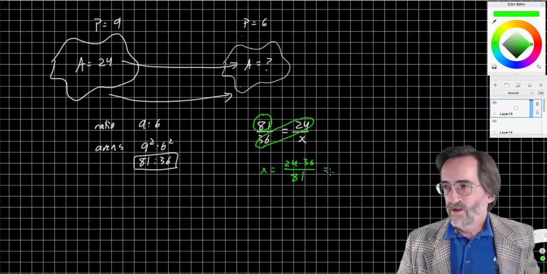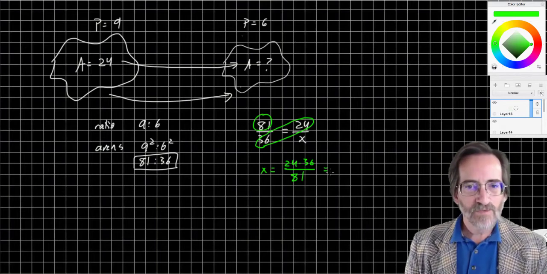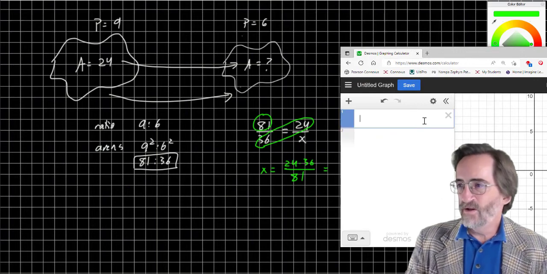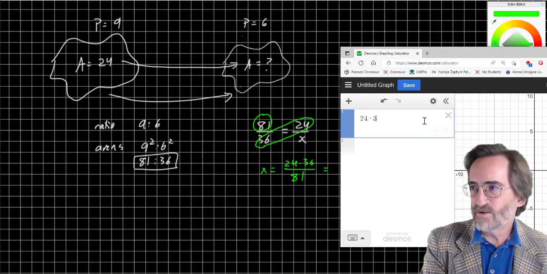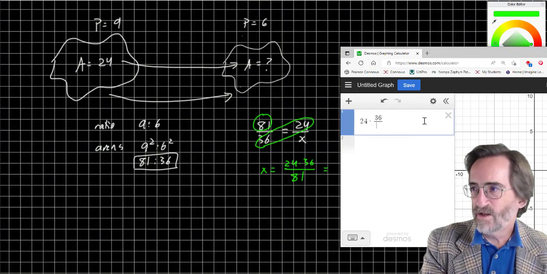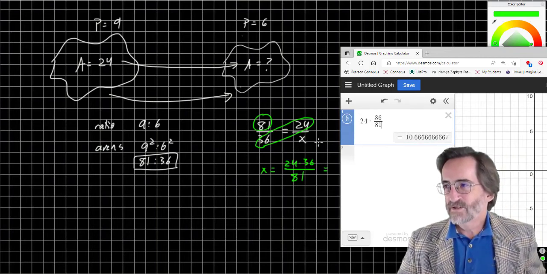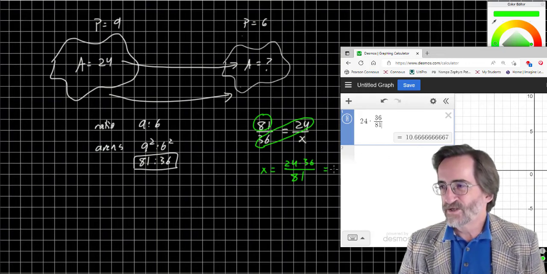Okay? And we can do arithmetic by hand, or we can do it by calculator. I'm fine with either. 24 times 36 divided by 81 is 10.666, which is 10 2/3.